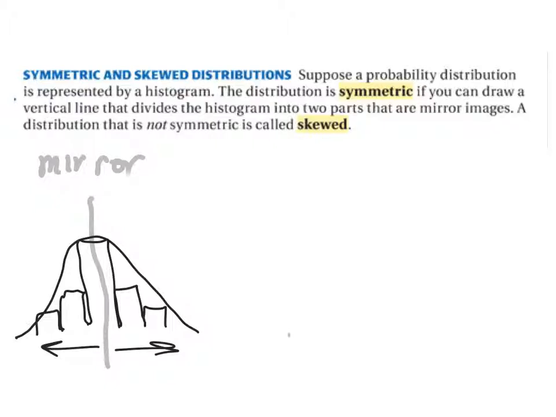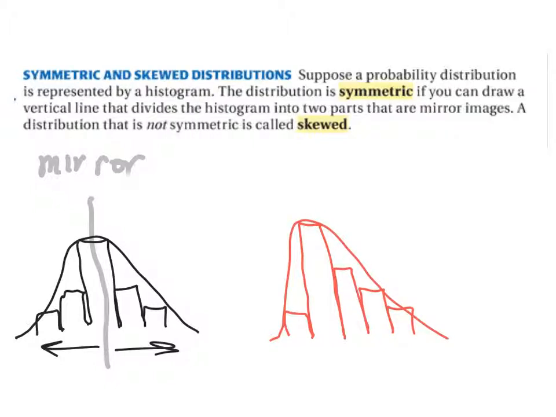Okay, it's skewed if I can't do that. I draw a mound, I can't draw a line through the middle, and left and right are the same. Okay, skewed.